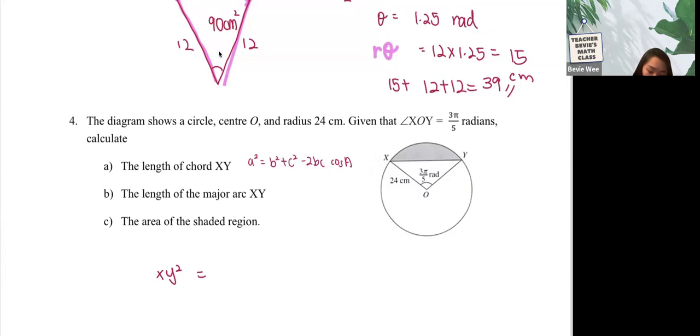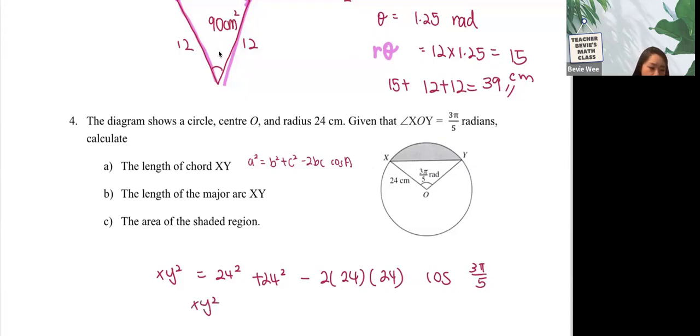And that is 24 square plus 24 square minus 2, 24, 24 cos 3 pi over 5.